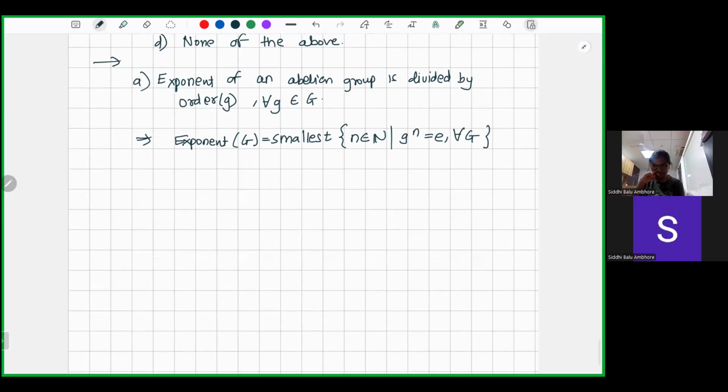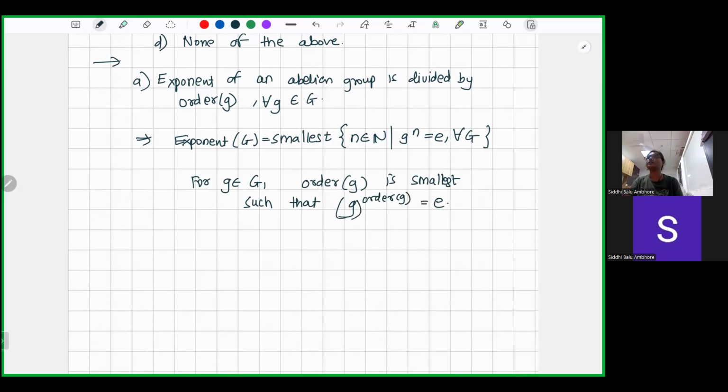So note that for g in G, the order of g is the smallest n such that g to the power n is the identity, right?